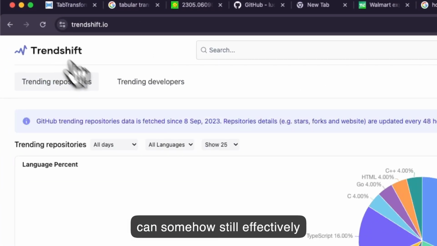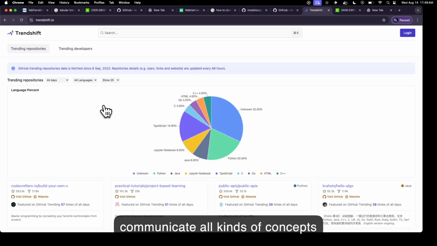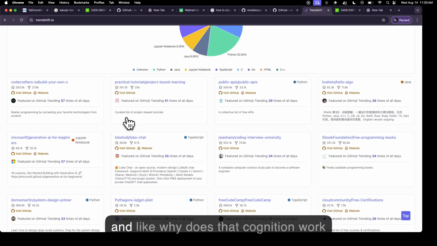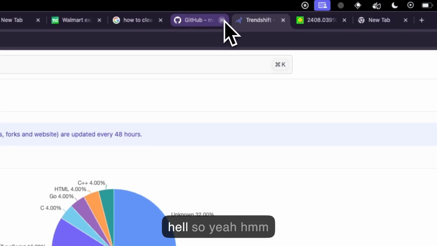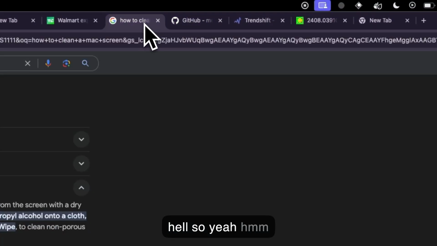So it can somehow still effectively communicate all kinds of concepts because it's all still language-based. And why does that cognition work so well, even though it's the size of an ant's brain only? I was like, what the hell? So, yeah.